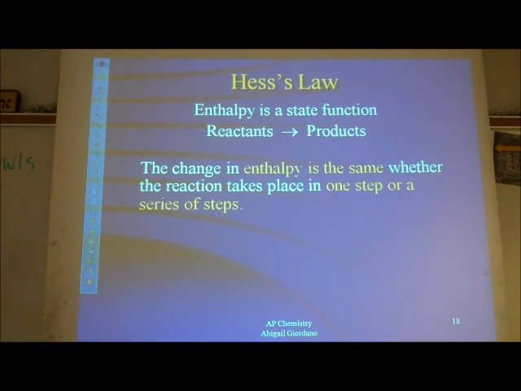They occur in multiple mini reactions, like A forms B, and then B forms C, and then C forms D, which is our ultimate final product. Most reactions occur in multiple steps.